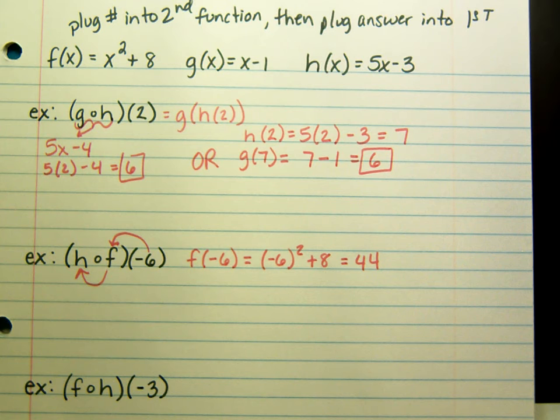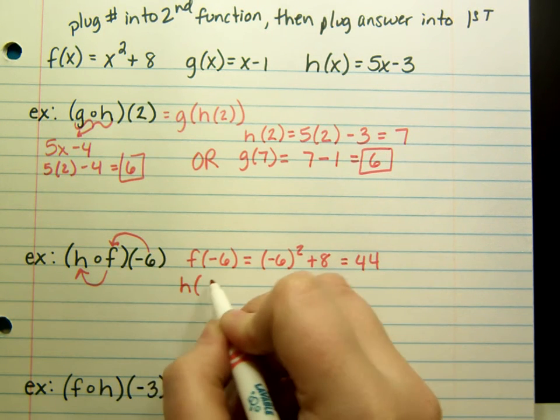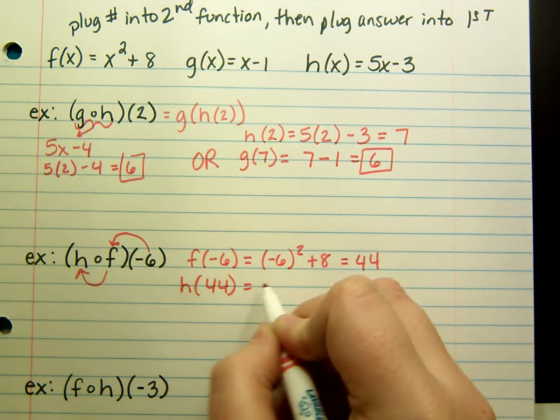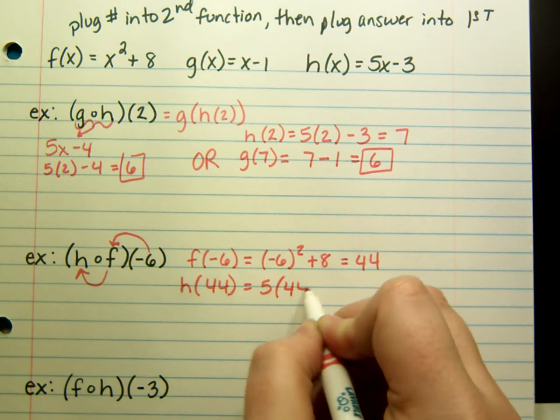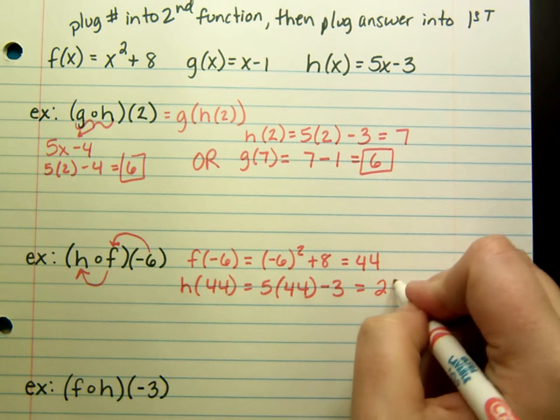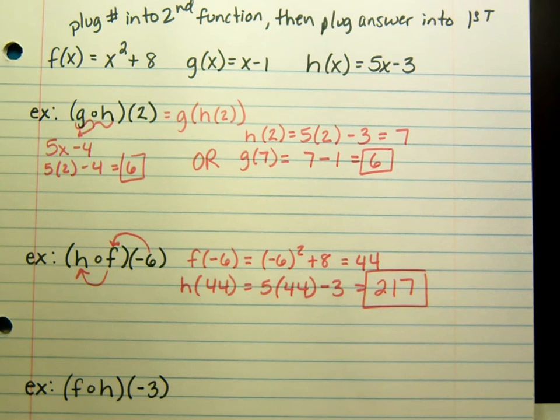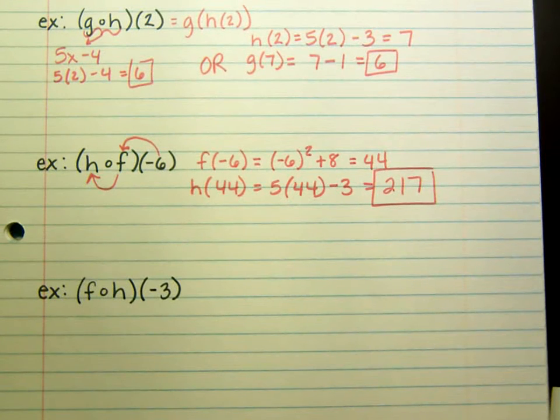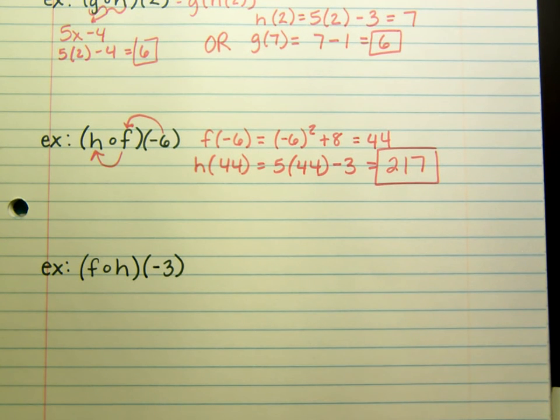So what I'm going to have is h of 44, which means I'm going to do 5 times 44 minus 3. And I'm not trusting my mental math today, so let me double check. 5 times 44 is 220, and then minus 3 to get 217. Okay. Alright, one more.